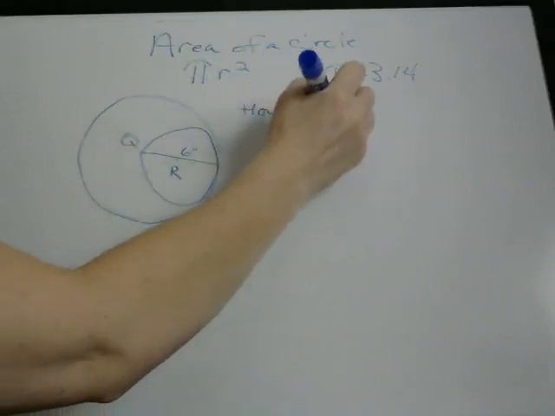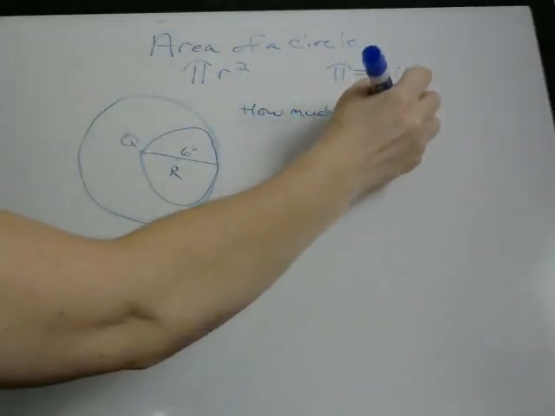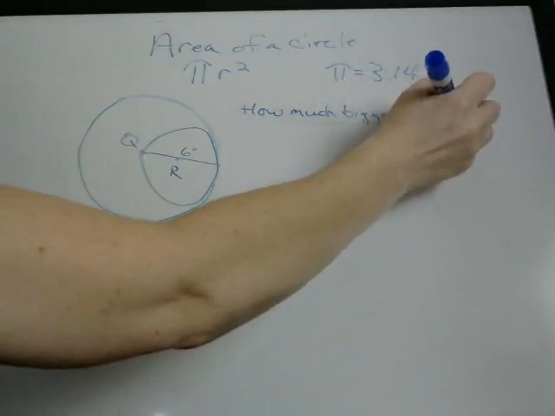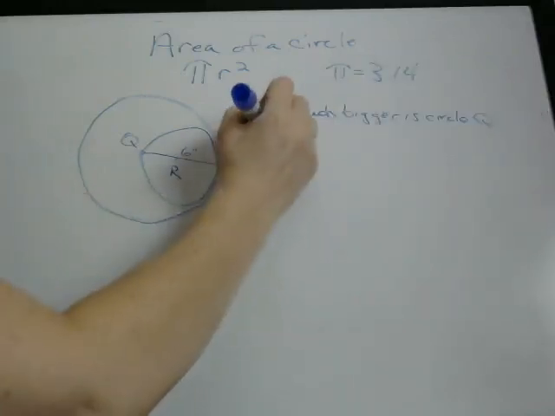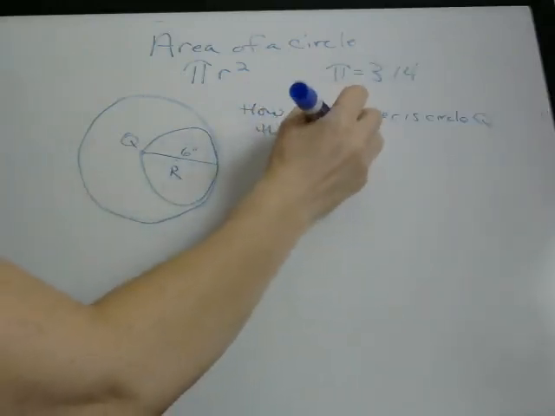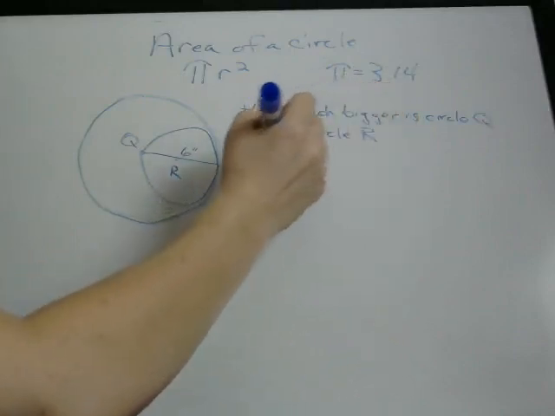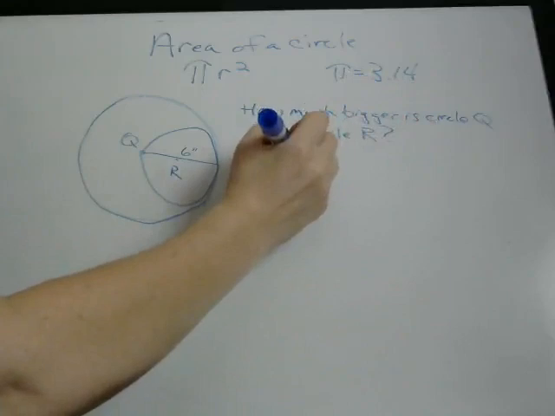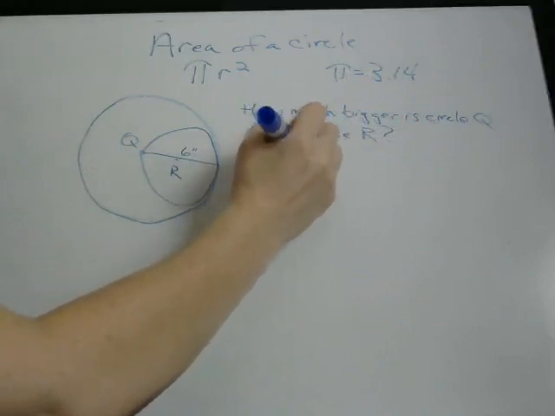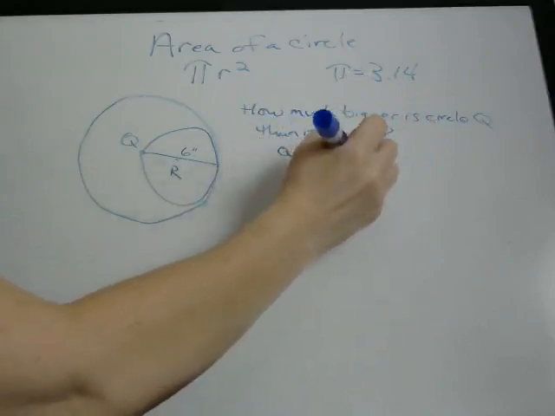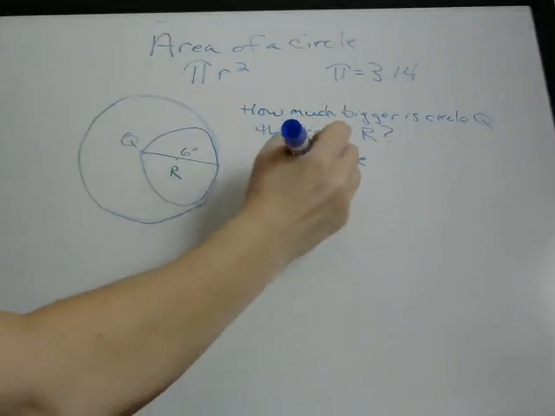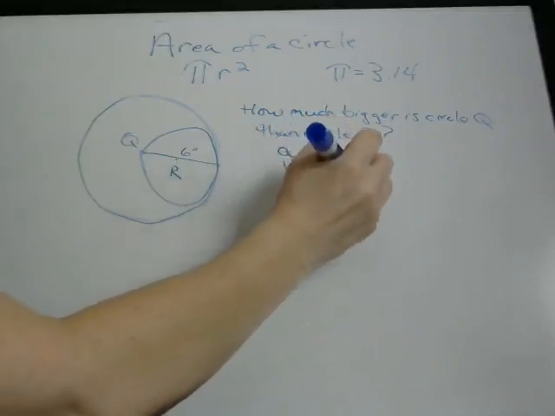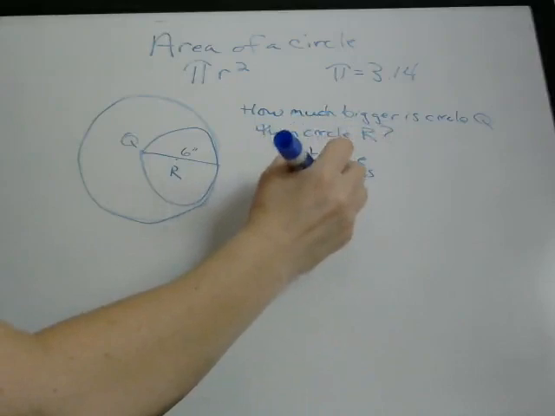And the question is going to be, how much bigger is circle Q than circle R? And the answers are going to be twice as big, 3 times, or 4 times.